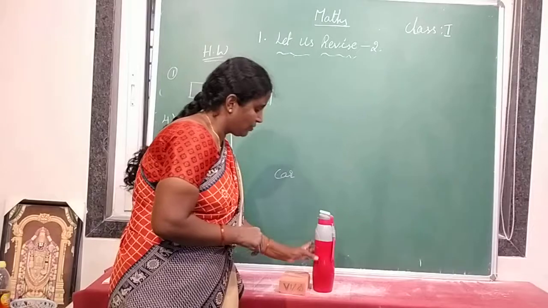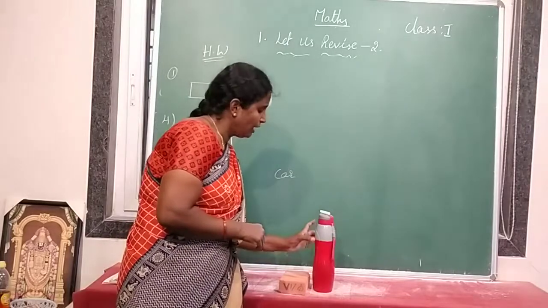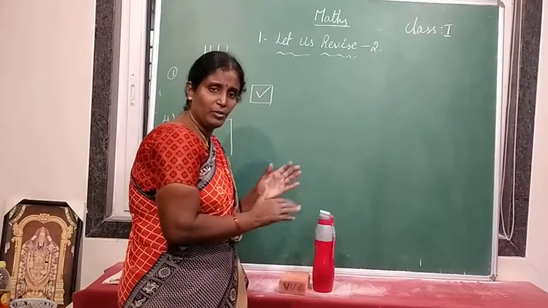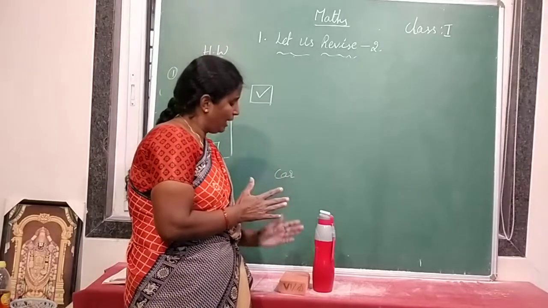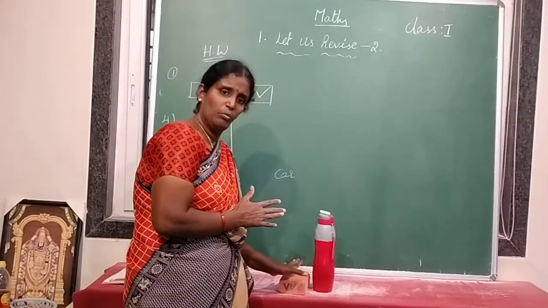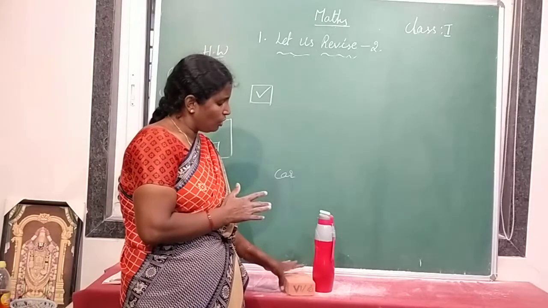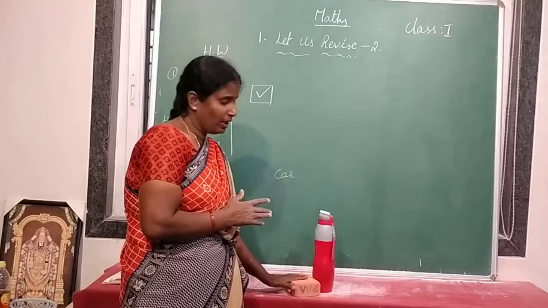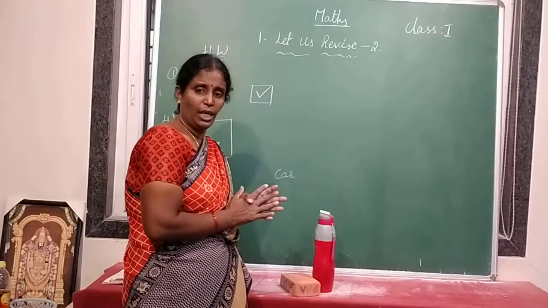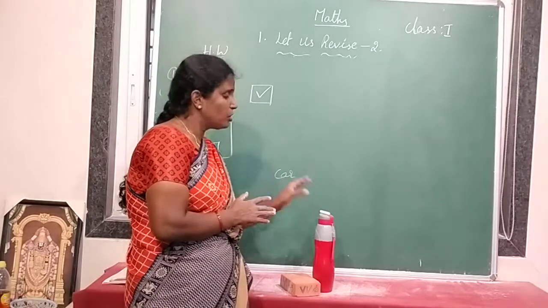This is an object. On this object, I kept one object on the top of the water bottle and another object on the bottom of the water bottle. So, bottom of the water bottle I kept duster and top of the water bottle I kept chalk.